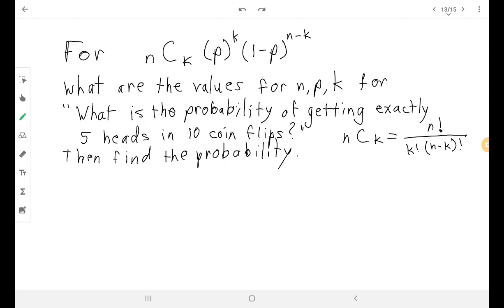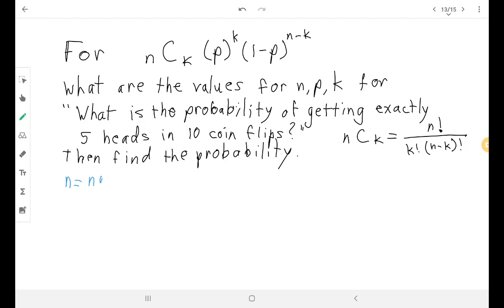We'll talk about what a factorial is as we go through this. So what are the values for n, p, and k? We're going to talk about what n, p, and k stand for. For this question, what is the probability of getting exactly 5 heads in 10 coin flips? And then find that probability, okay? So let's talk about what these mean.